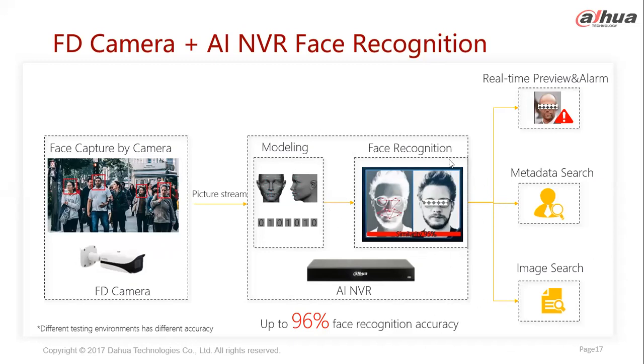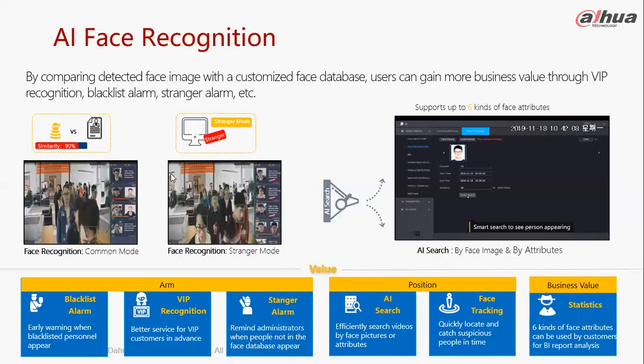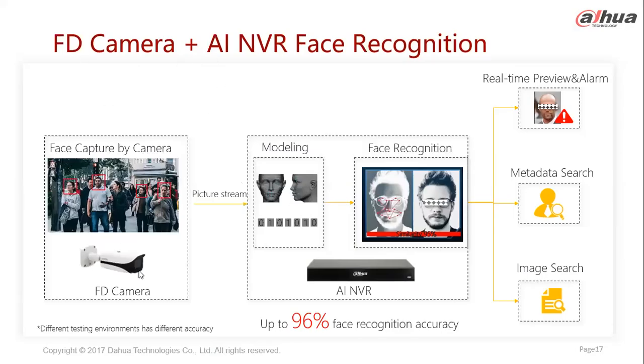At times it's good for saving on cost when purchasing products. Consider a normal camera and an AI face recognition camera. A face detection camera will detect the face, do a snapshot, then send the picture stream.